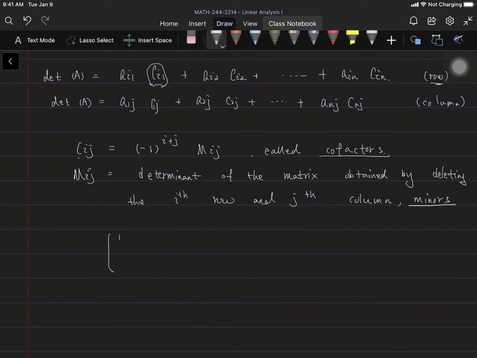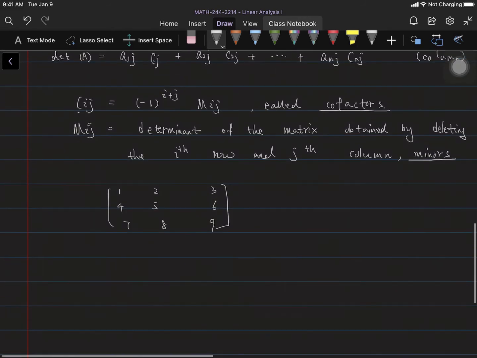Okay, here I give you a 3 by 3 matrix: 1, 2, 3, 4, 5, 6, 7, 8, 9. Let's take a look at how to find C22. C22 means the cofactor, right? The ij means 2, 2. Let's take a look at the definition. It's going to be -1 to the power i plus j, so 2 plus 2, times Mij. Mij means the determinant when we cross out the second row, second column.